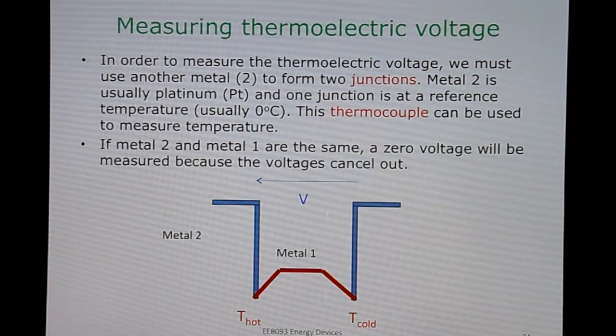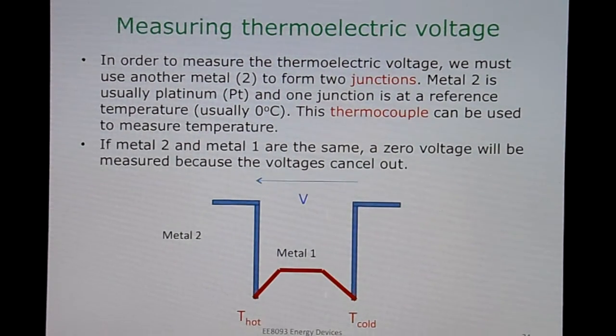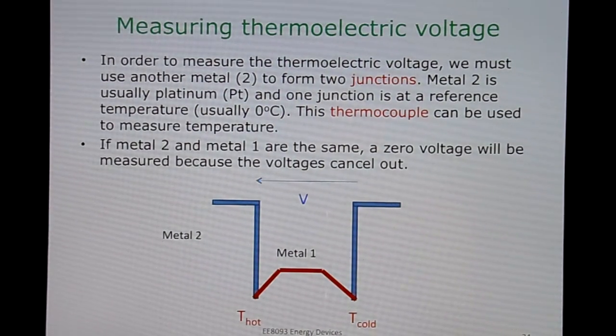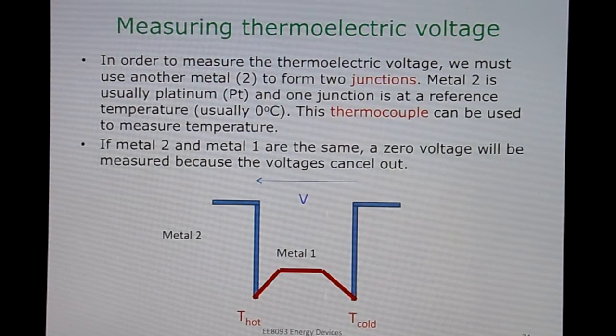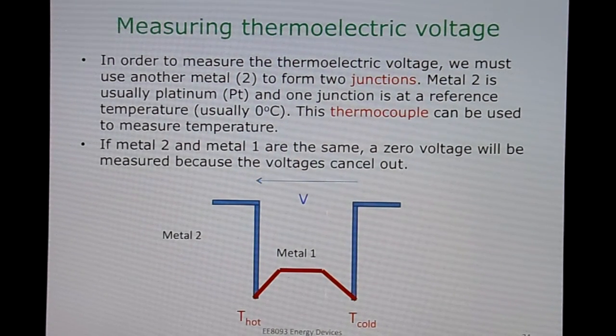Now, in order to measure the thermoelectric voltage, which arises from this temperature difference, what we must do in practice is to use another metal 2, a different metal 2, to contact metal 1.